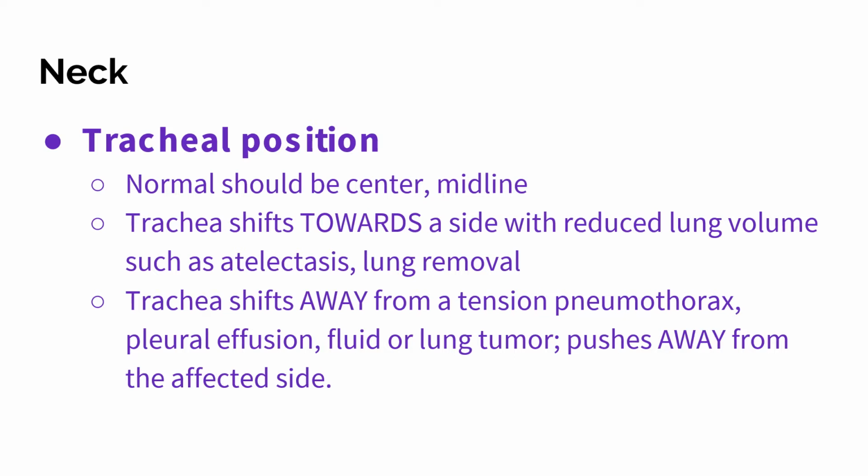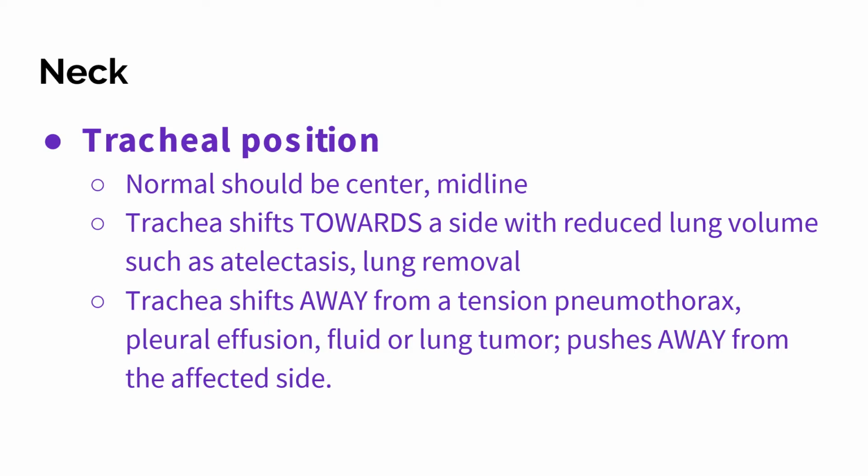It could sometimes be a mediastinal mass or a tumor possibly in the trachea area, but the other thing that we're concerned about is a pneumothorax. So if we have a trachea shift towards a side with reduced lung volume, that's going to happen where possibly there could be a little bit of a pneumothorax, not a tension pneumo, and I'll explain that in a minute, or atelectasis or lung removal.